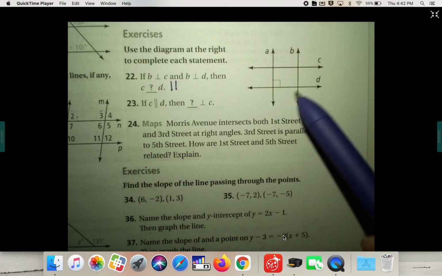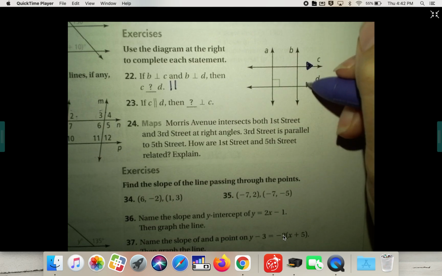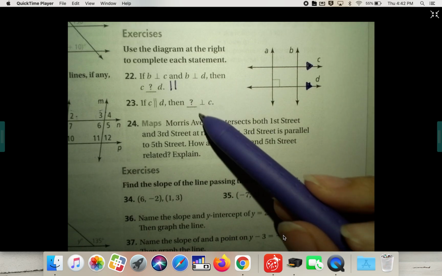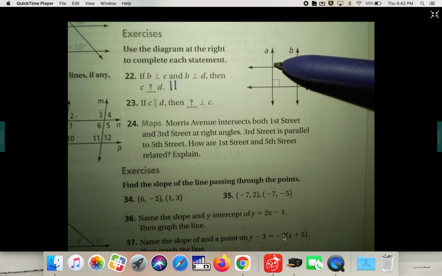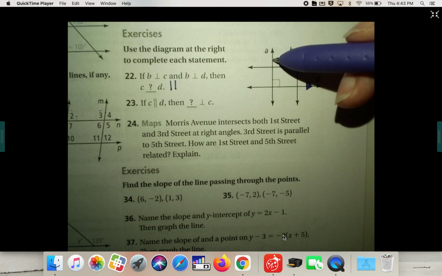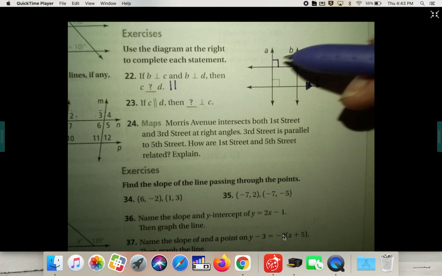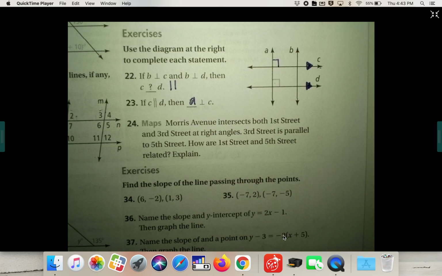If C is parallel to D, then which one would be perpendicular to C? So we know that this one is, which would mean that the one above it would also have to be if these two are parallel. So that would be A. So A would be perpendicular to C.